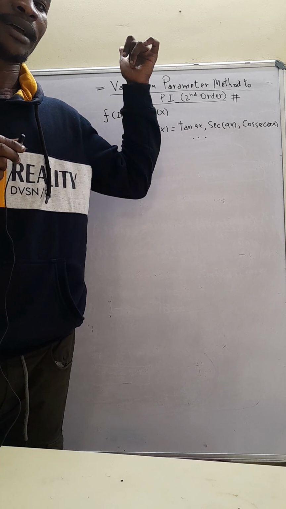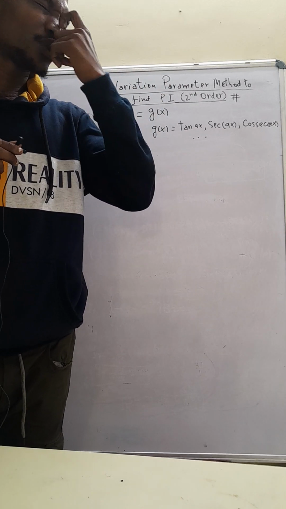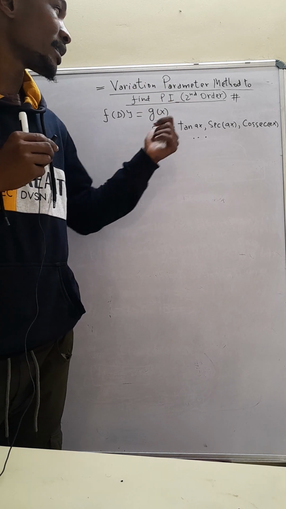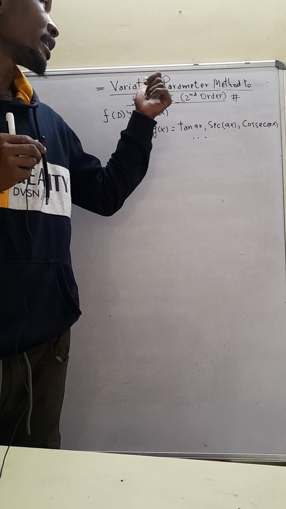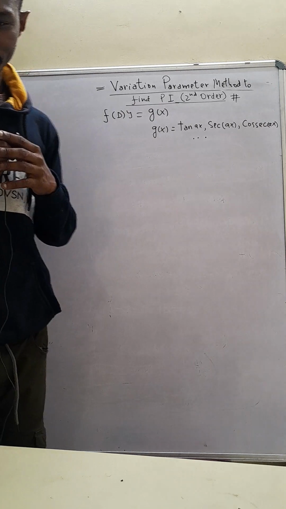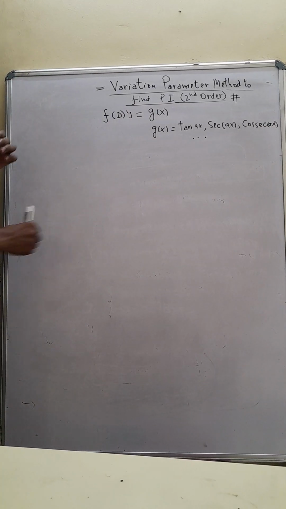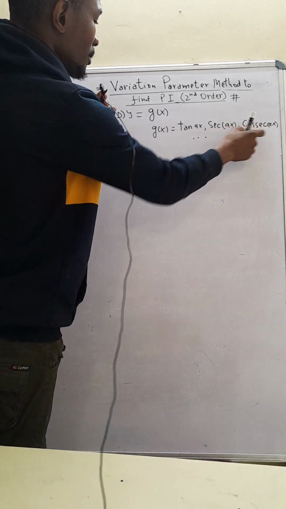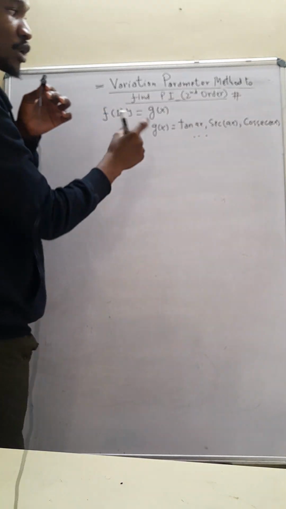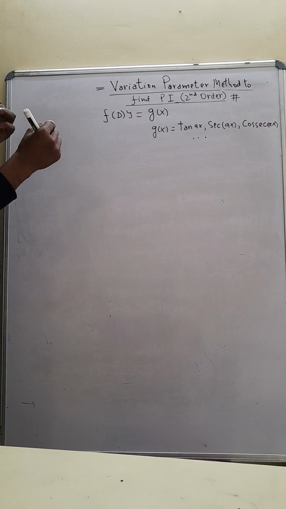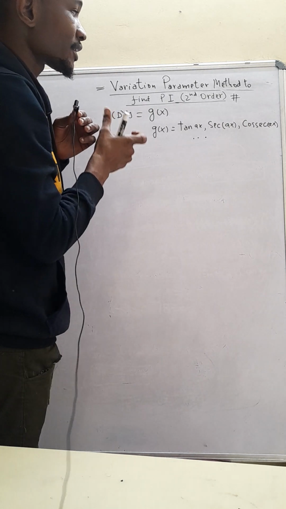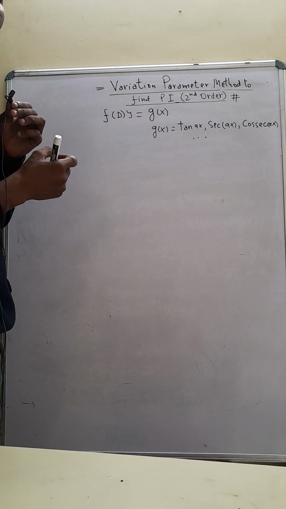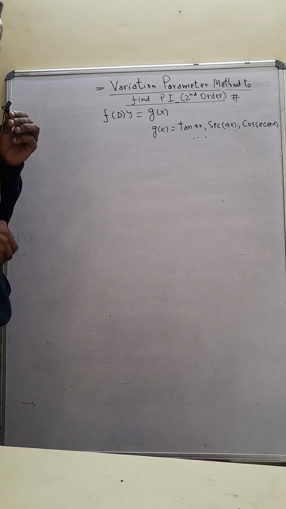All those problems that can be solved by those other methods can also be solved by this variation of parameters method. But these are the particularities, this is what makes it particular, interesting and also important compared to other methods.